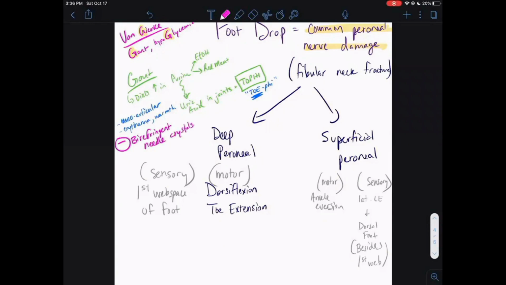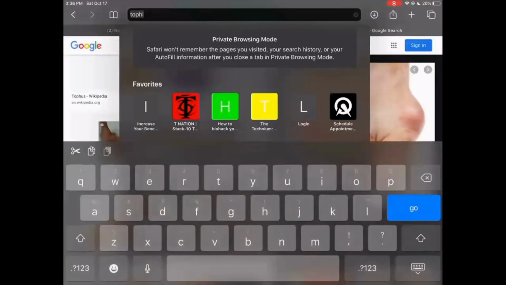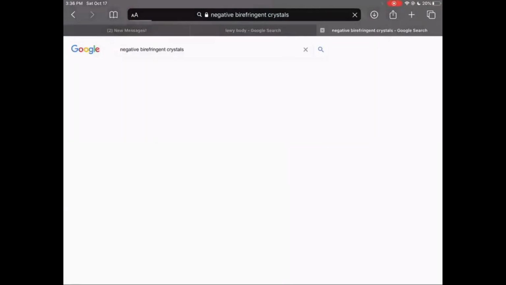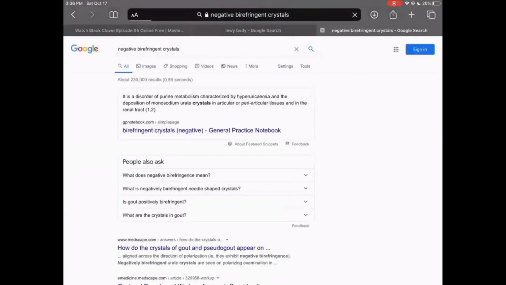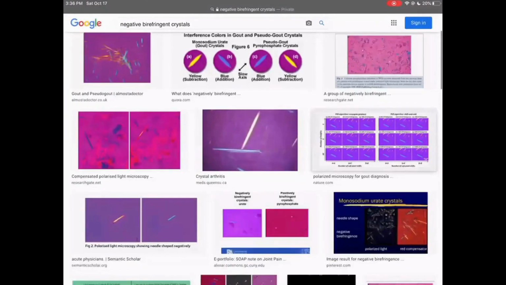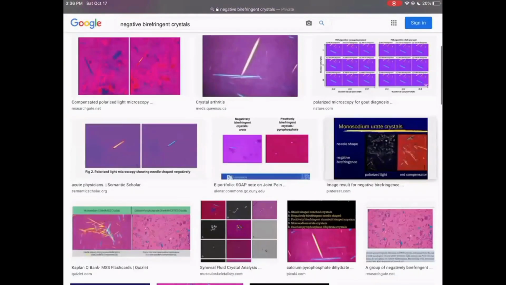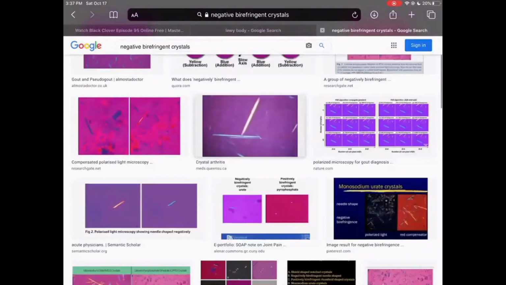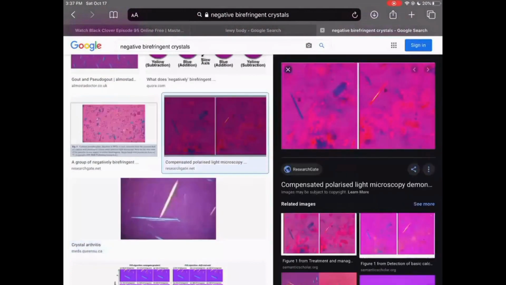All right, so let's look at what these look like here. So we'll do negative birefringent crystals. And this is essential for you guys to know on your histology to be able to diagnose gout. And I'm telling you guys, histo is such a slept on section. It's my least favorite section, but I'll show you guys when it's something that's high yield to know for your boards.